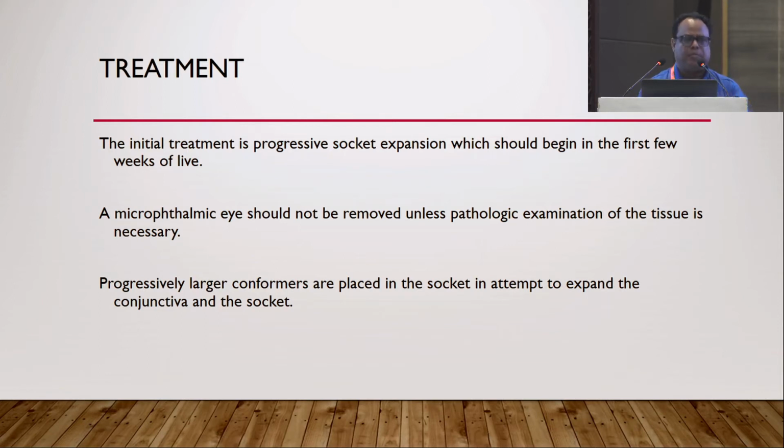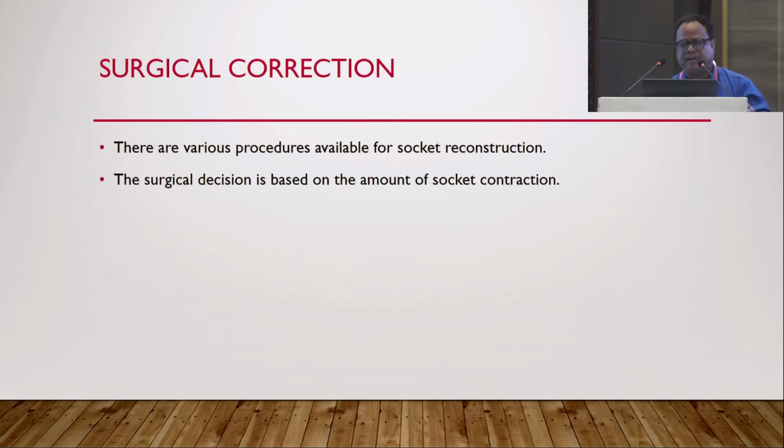And if we do a tarsorrhaphy along with that conformer, it is sometimes a little easier in a congenital case because it is more elastic. Because of the elasticity, it may grow also. So that's another added advantage in a contracted congenital socket.